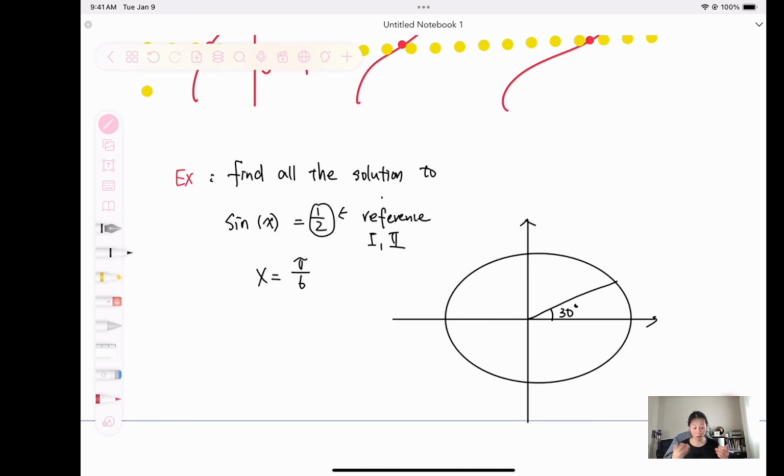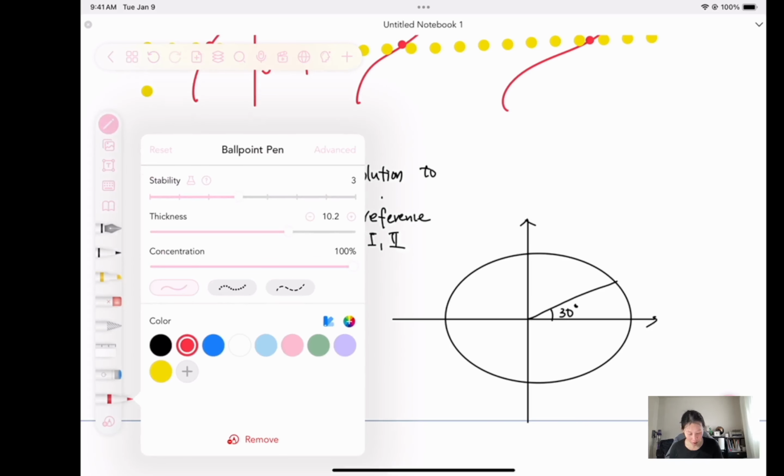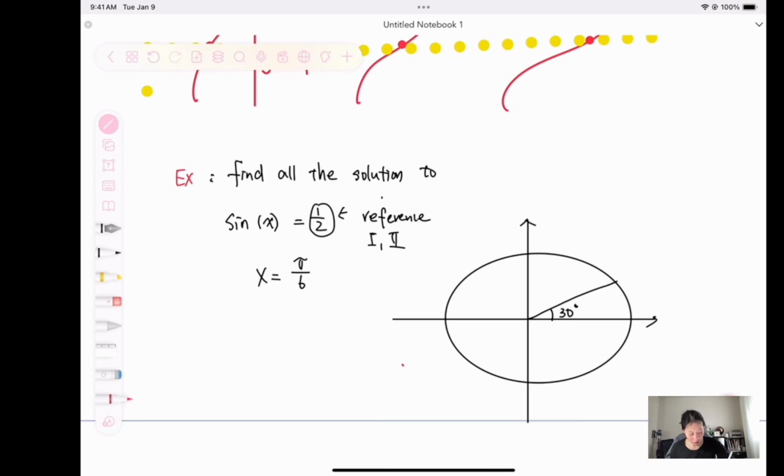So we know that the reference angle is going to be pi over 6, and it's going to be in 2 quadrants. So the second solution would be, I'm going to use a red pen, in here, right? This angle, think about this angle. If here is pi over 6, then the value of this angle, let's say this is angle theta, is going to equal the reference angle, and because it's in the second quadrant, sine is positive.